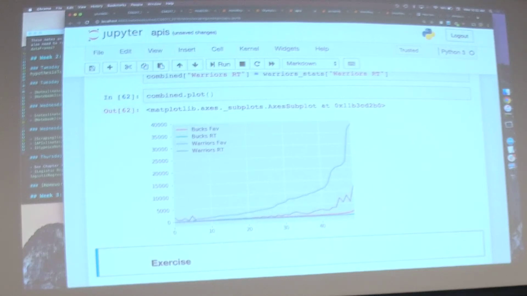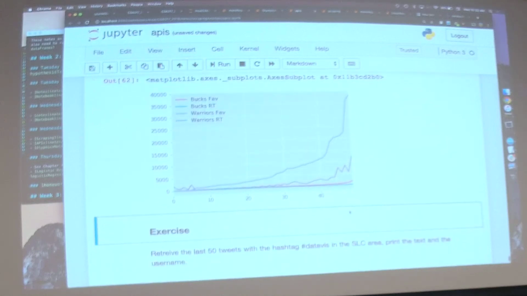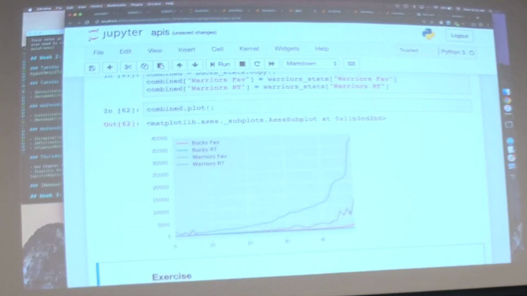So we've sorted by the number of faves, so the faves lines are just going to go up. We see that retweets are sort of correlated with the faves, but not exactly, and that the Warriors are just killing the Bucks on social media right now. Cool. Yeah, so this is an example of using another API.